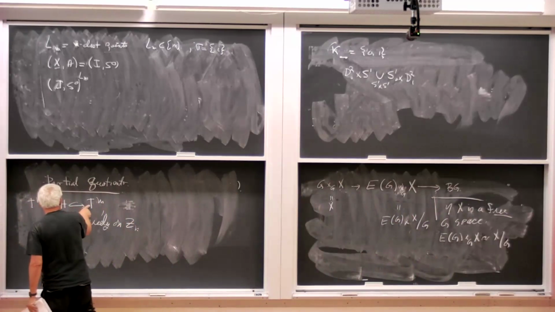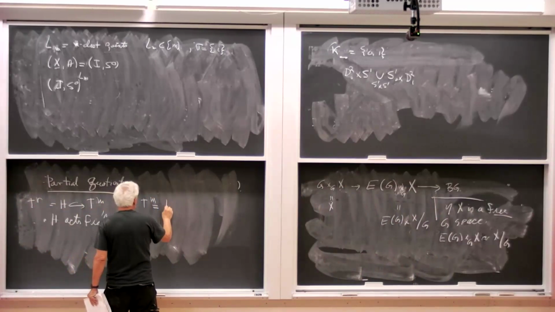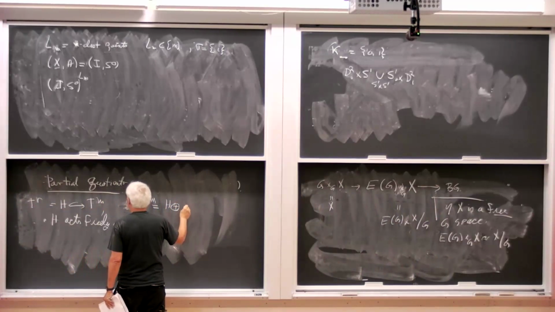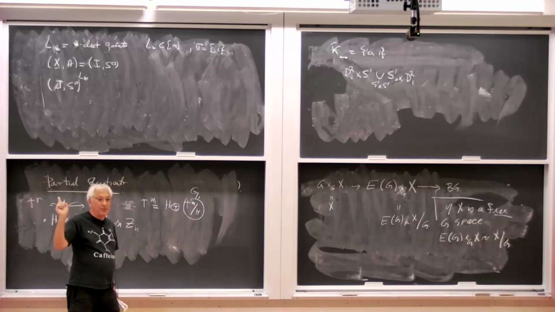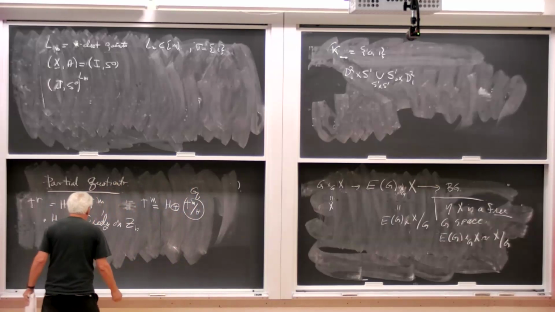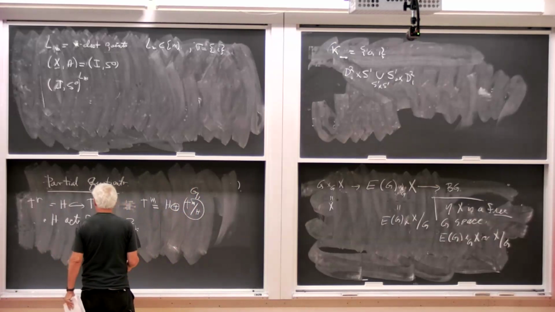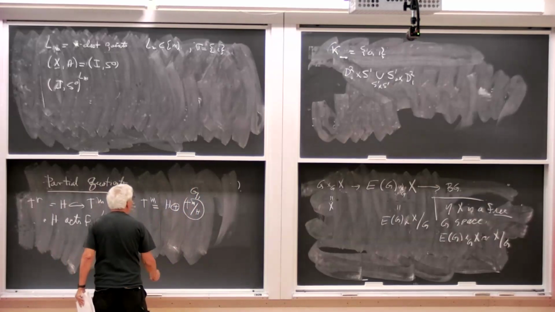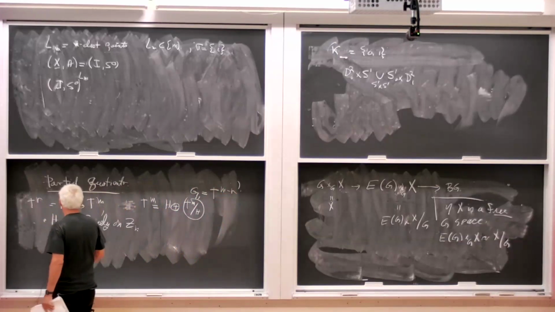Now, given that H is a subgroup of Tm, I could write Tm as H plus the quotient Tm mod H. And I'm going to call this G. This G is not the previous general G. I just don't want to have to write Tm mod H all the time. So suppose I have G acts freely on ZK. And G is equivalent to a Tm minus R, that R.